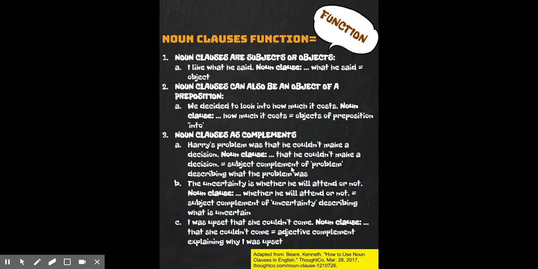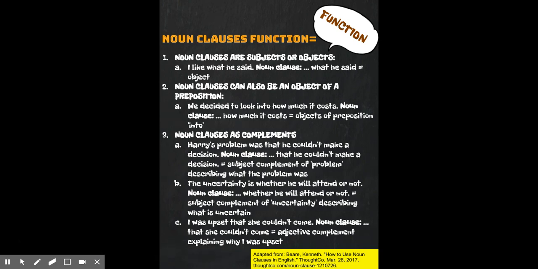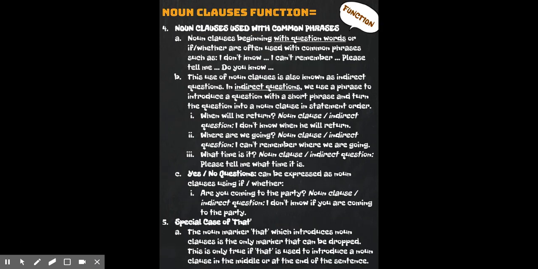Diagramming really helps us see this clearer, and we'll diagram in a minute. And there's a couple of other examples there if you want to pause and go through them. Okay, here's a hint too. Noun clauses are used with common phrases. So, question words, it usually begins with question words, or if, whether are often used with common phrases, such as "I don't know" is a common phrase, and you add a noun clause to it.